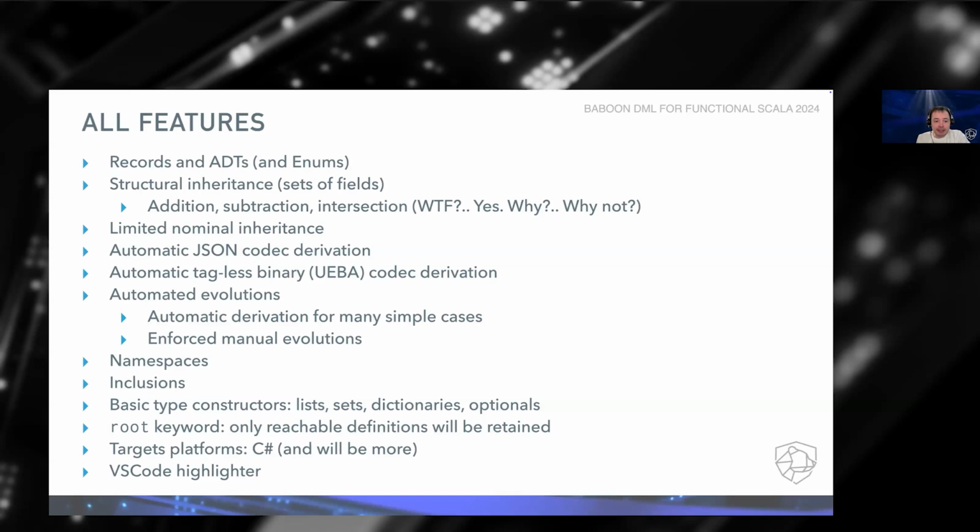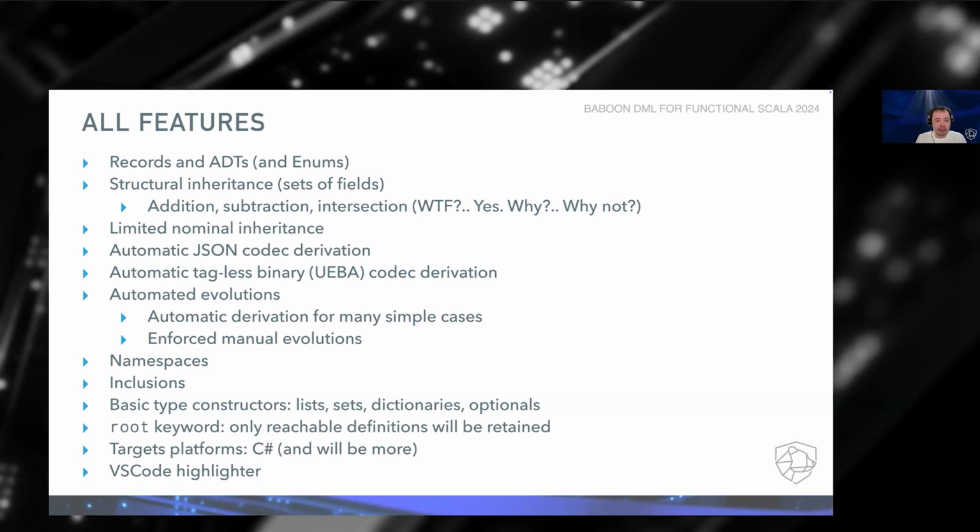Baboon excels at data schema evolution. It can automatically derive conversions for many data evolution cases and makes sure that all the required non-trivial conversions are provided. It supports namespaces, inclusions, and basic type constructors, namely sets, lists, dictionaries, and optionals.